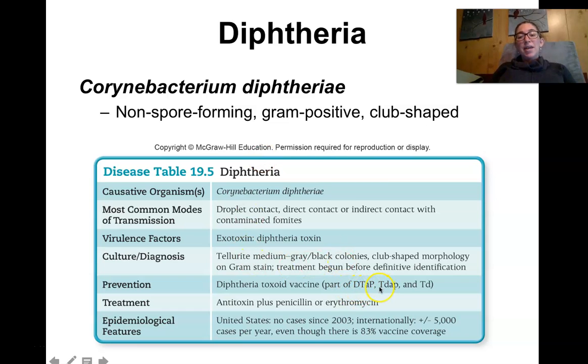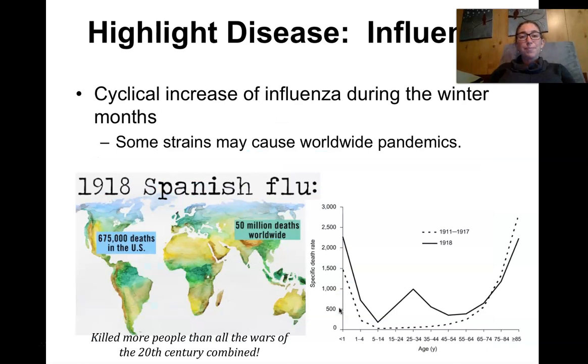DTaP and Tdap are vaccines. D stands for diphtheria, T for tetanus, and P for pertussis. Those three things are covered in that vaccine, which is given in childhood and given regularly to boost antibodies, particularly to tetanus and pertussis, which the immunity wanes for.